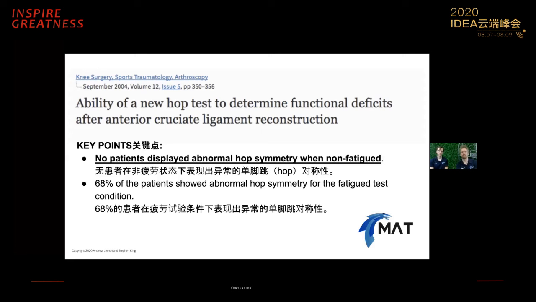But when they were in a fatigue state after performing a fatigue protocol, they had a 68% difference between legs.